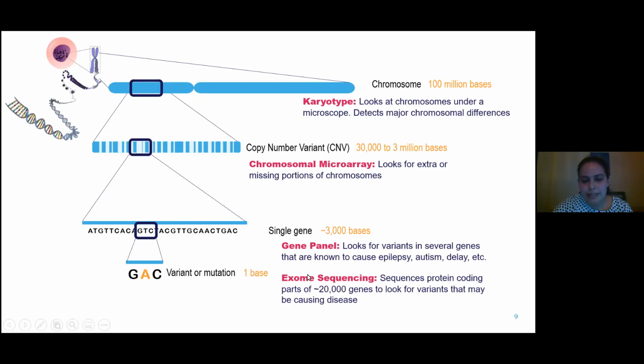And then there's also another way that we look at our genes on this finer level of detail, and that's whole exome sequencing. That's looking at all of our genes to see if we have any of these spelling changes that are associated with disease.